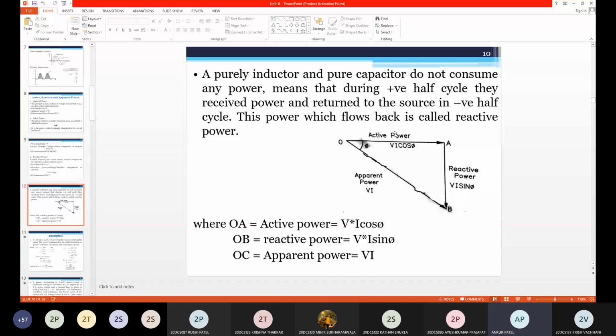That is your useful power. S is your maximum power of the circuit, and this should be in reduced form. Otherwise, you can also use P equal to VI cos phi, or cos phi equal to R by Z. But for understanding the power factor concept, I am telling this P by S.